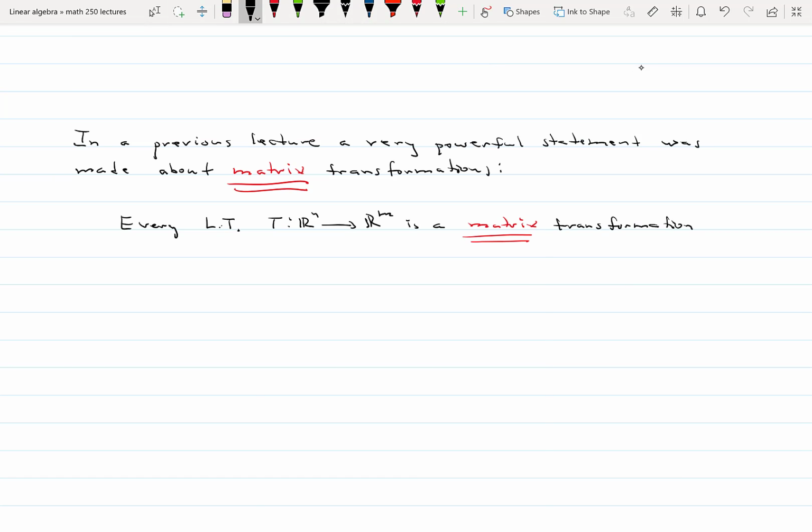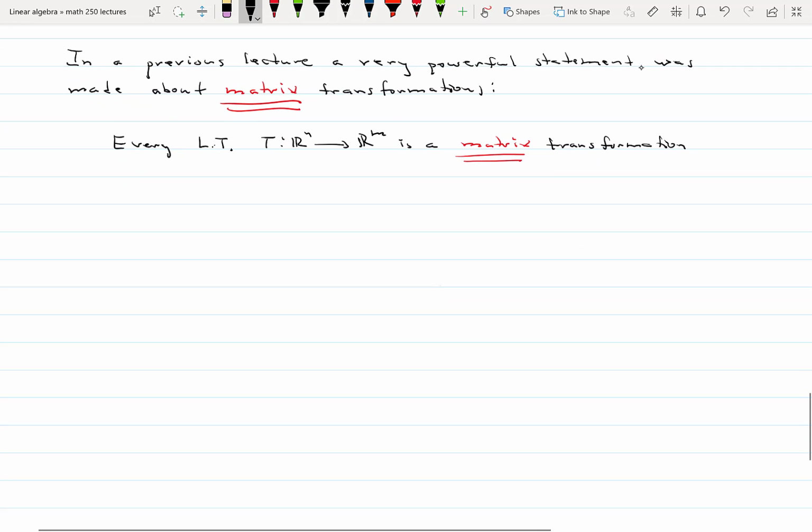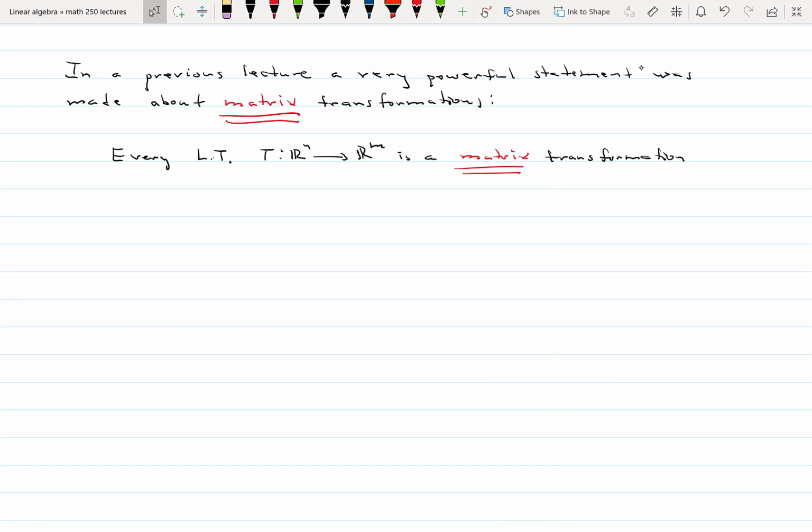In a previous lecture, we made an extremely powerful statement about matrix transformations. The statement was that every linear transformation from Rn to Rm, not every linear transformation at all, just those that go from Rn to Rm, is a matrix transformation.